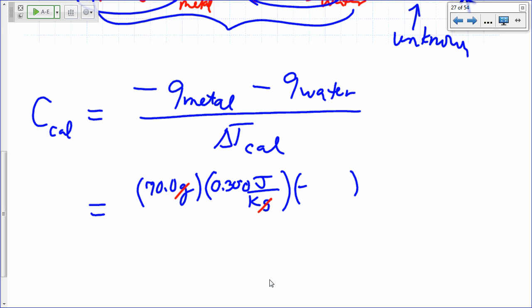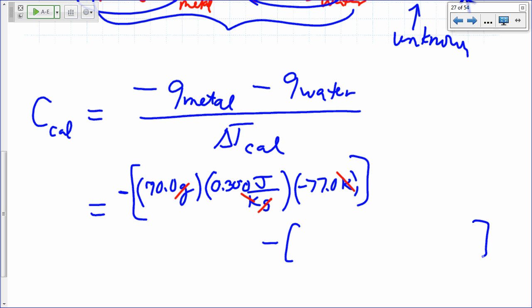Negative 77.0 Kelvin. So Kelvin cancels out. So that's Q for the metal. And don't forget, we need to put a negative here, right? Okay. So that's negative of Q metal. And then minus Q of the water.